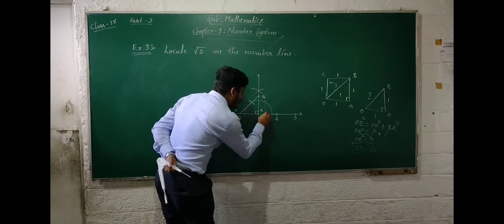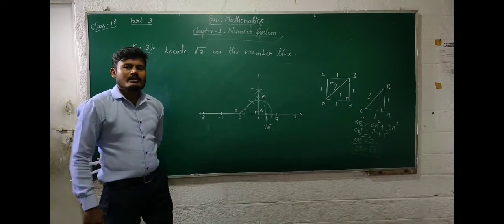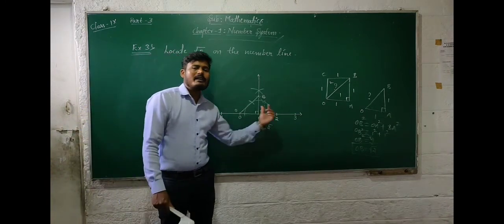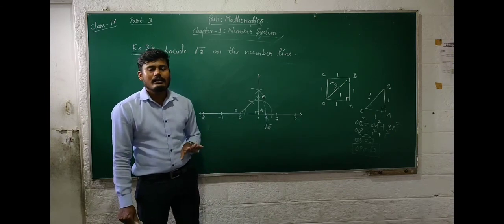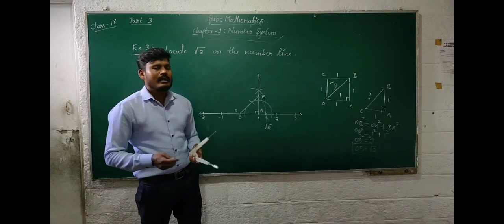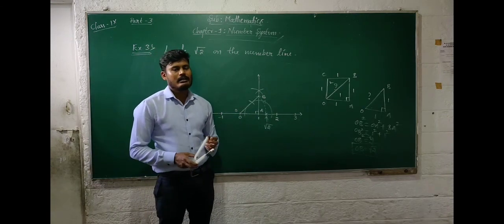This point indicates the value of root 2. Root 2 comes in between 1 and 2 on the number line. This is the procedure used to locate any irrational number on the number line.